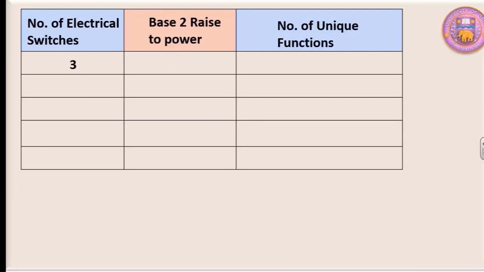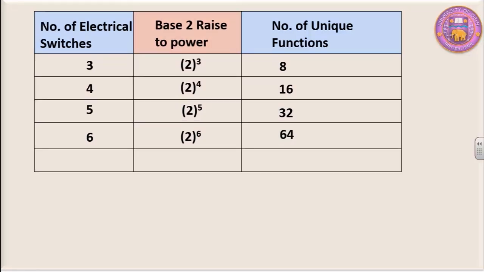Now, we learned that if there are three electrical switches, then in combination they can have 8 unique functions. Similarly, if we have 4 electrical switches, then we can generate 16 unique functions. Similarly, 5 electrical switches, then 2 raised to power of 5, it becomes 32 unique functions. And in case we have 6 electrical switches, 2 raised to power 6, then the total number of unique functions becomes 64.